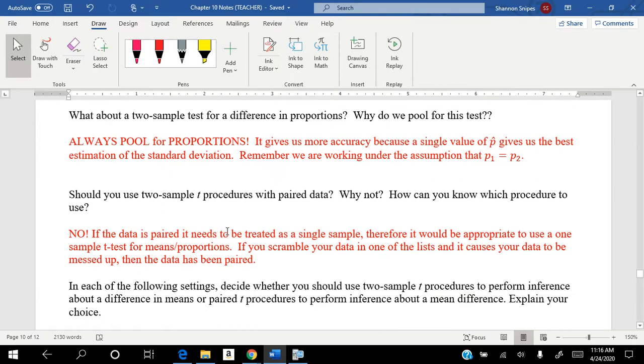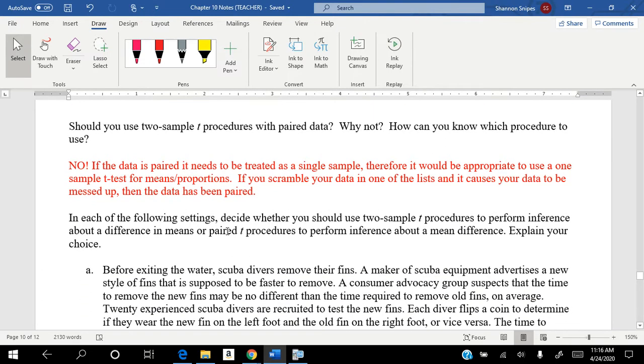All right, so this is where I want to spend the heart of today. Should you use two sample T procedures with paired data? So before I get into this, let me remind you, paired data, which we learned back in chapter 4 when we were talking about how to set up ways to conduct experiments and collect samples.